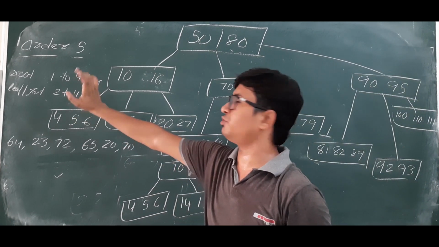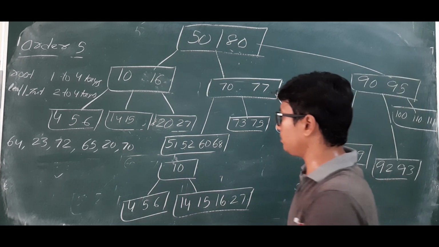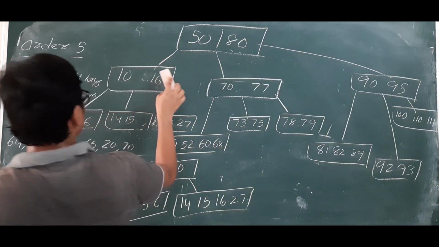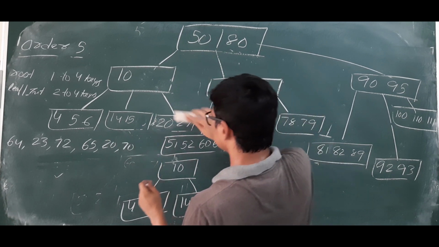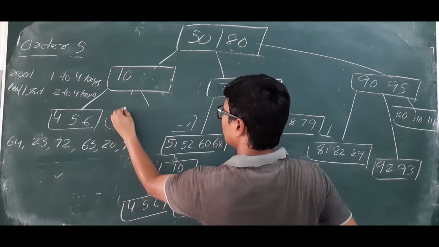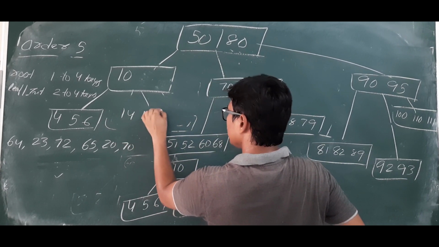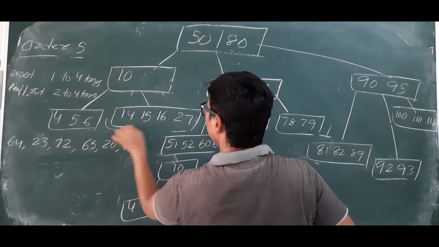Yeah, a maximum of 4 keys is allowed, so it is not a problem. Let me replace this one with the entire diagram. So 10 will be there, 4, 5, 6. On the right of it you will have 14, 15, 16 and 27. Now please check it properly.